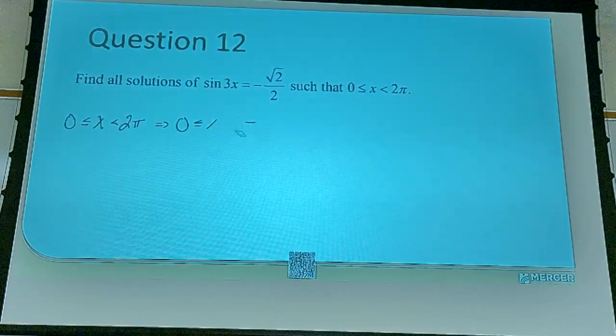Oops, not x, sorry. That means 3x has to be between 0 and 6 pi. Right, just multiply everything through by 3. That's important.